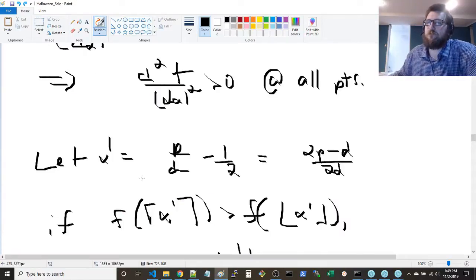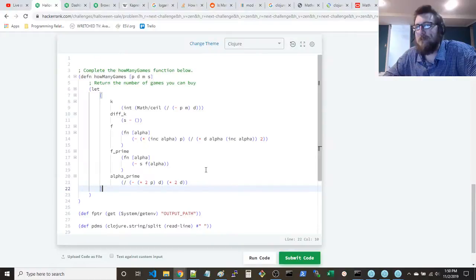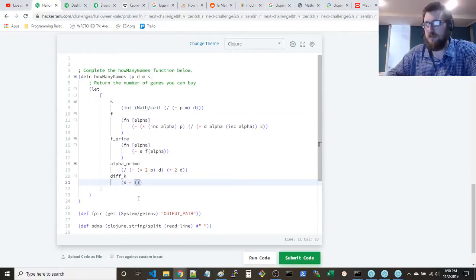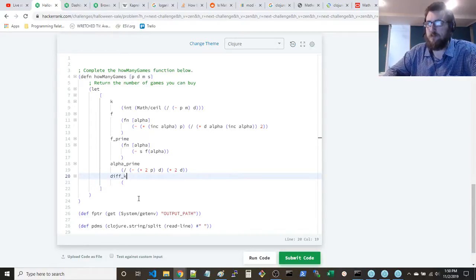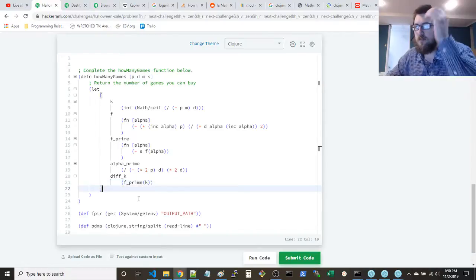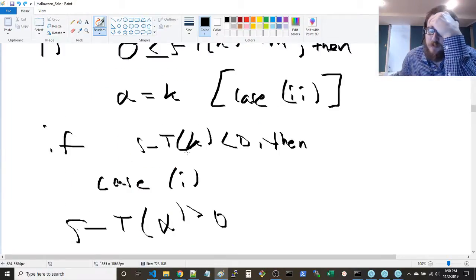and what we want to do is say if case 1, if S minus T of K, right, so this is diff K, which is S minus T of K, which is really F prime of K, just diff K. I don't really know what to call this, but it's going to be F prime of K. So this function F prime of K, this value, is diff K. If that is less than 0, then we're going to be in case 1.